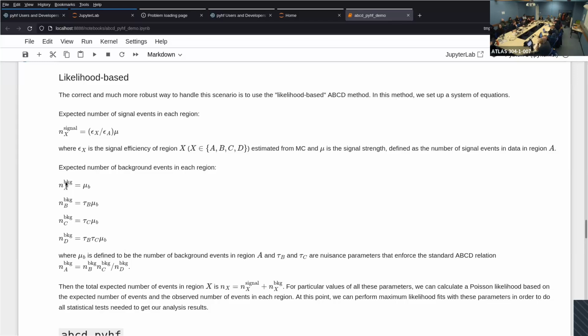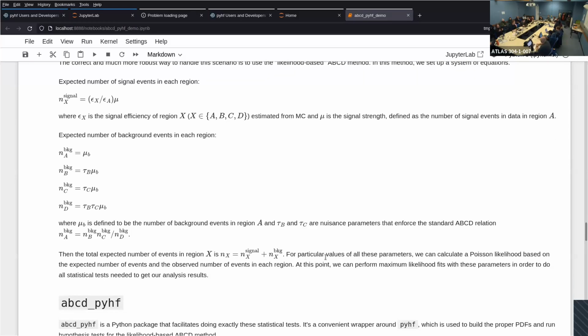And so with these definitions, the median number of events in region A really goes back to this definition of BC over D. And then the total number of events that you observe in any region is just the sum of the signal and background.